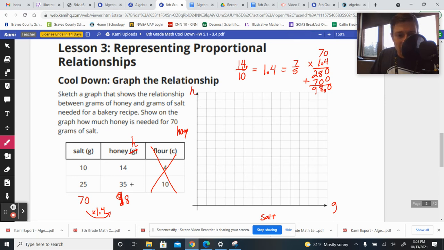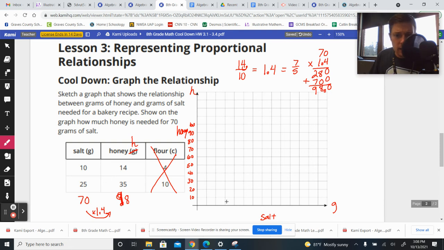And we have to get to 98. 5 times 14 is not going to be enough if we count by fives. So I'm going to count by tens. I think that's a pretty good in between, because if I count by tens, I'll definitely get up to 98 easily. I could go all the way up to 140, but we can stop at 100 because that's as much as we're going to need. So I'm going to go up to 100 for the honey because all I need is 98, which is right there.